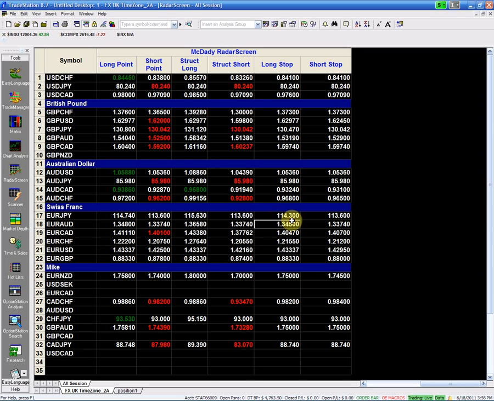On the short side, my short entry is 113.60. It is the same as my structure short, and it is the same as my stop, so I'm not going to give it too much room. Okay, yeah, the room is okay, Steve.